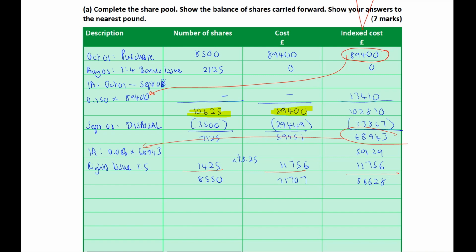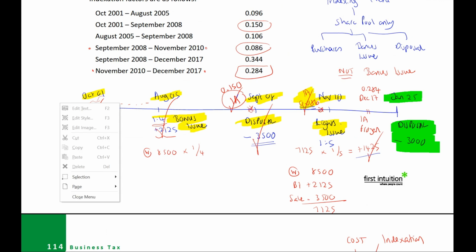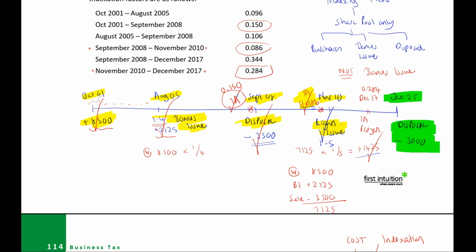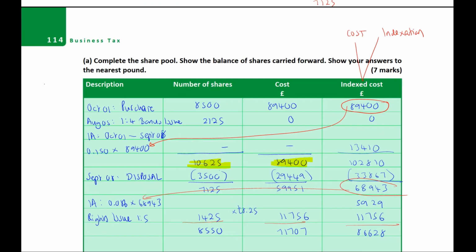Then I think, okay, what's next? Great news is the timeline tells us exactly what's next. You've just done that one. So next thing is December 17, indexation is frozen. So let's do that.